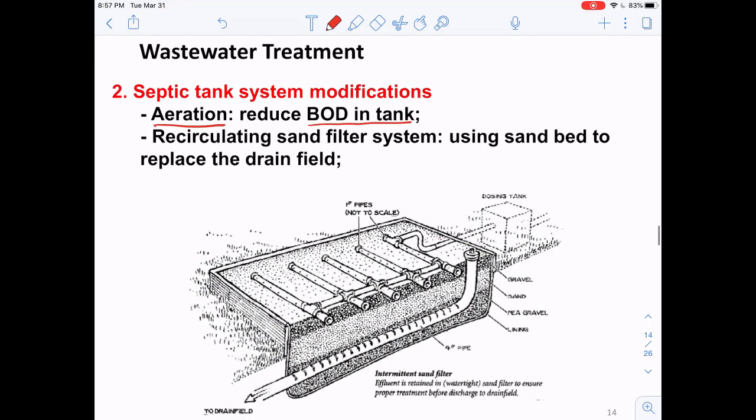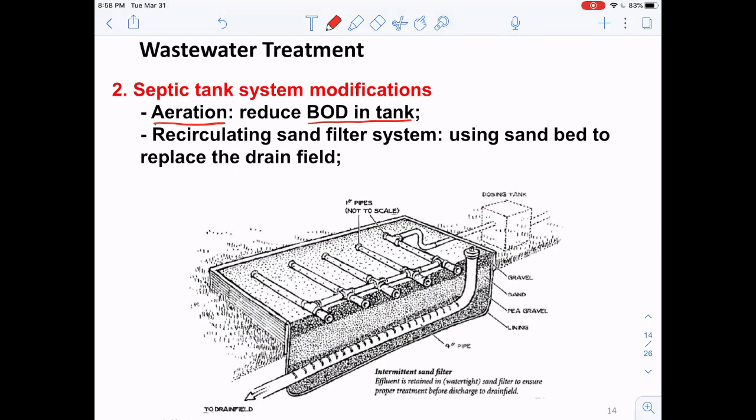What we can also use is a system called the recirculating sand filter system. This is quite similar to the drinking water treatment system, right? We have these sand filters here, and after the water is treated by the septic tank, it is introduced into these pipes, and the pipes have small pinholes, right? The water gets emitted from these holes and filtered by the sand filters, okay?